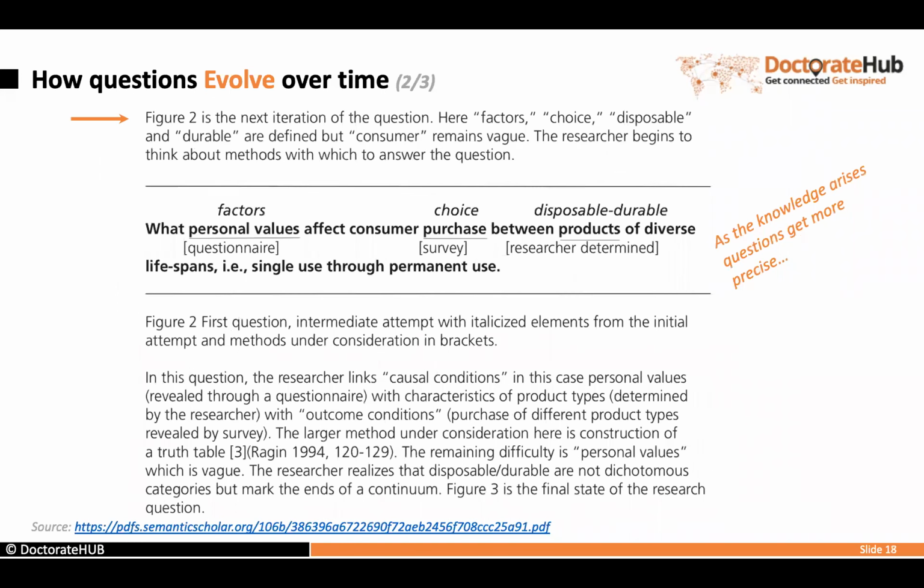As you go further, you manage to be more precise in your questioning because you can draw on the knowledge that has emerged, be it either from the literature or also from the data you have been collecting. So in this case: what personal values affect consumer purchase between products of diverse lifespans, for example, single use through permanent use? So it's already much more precise.